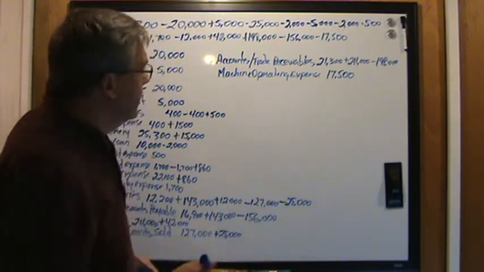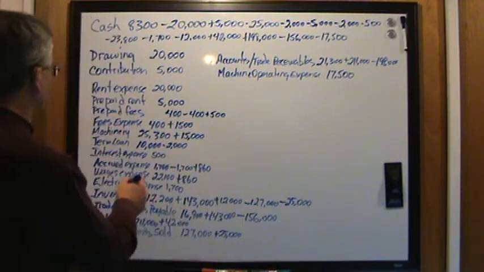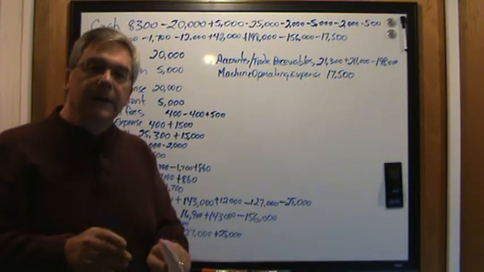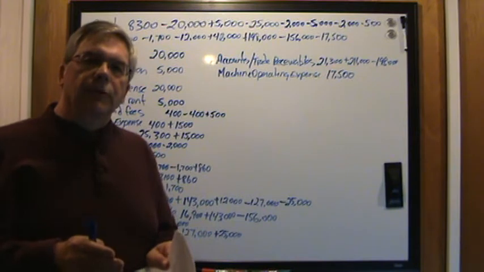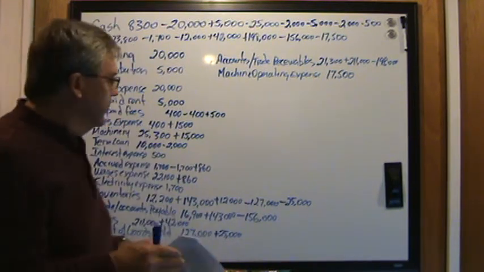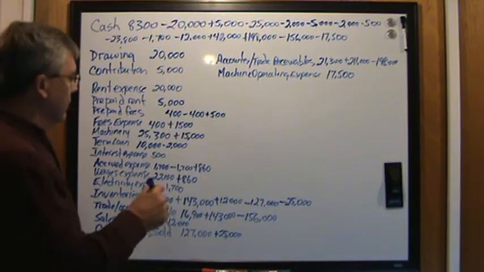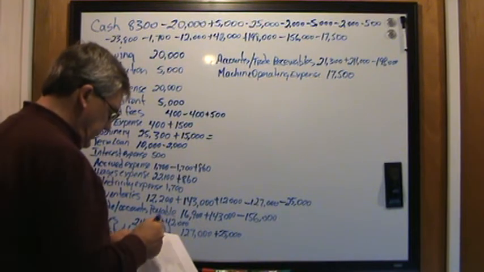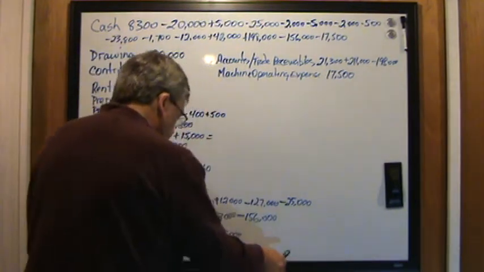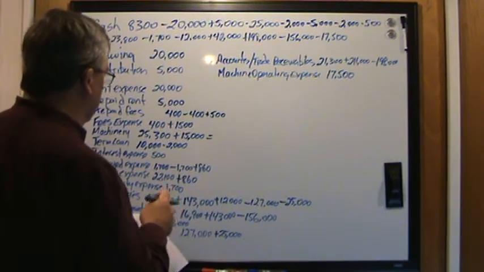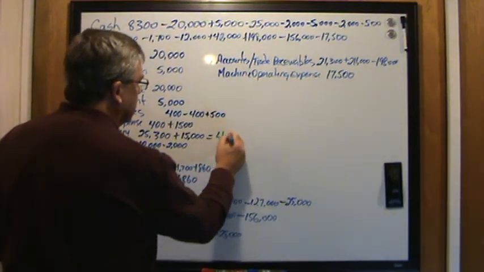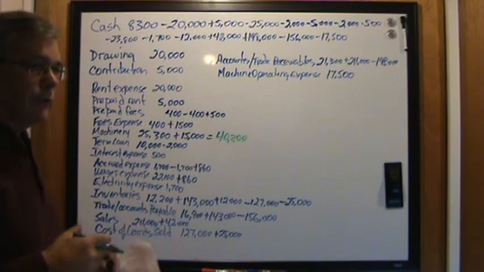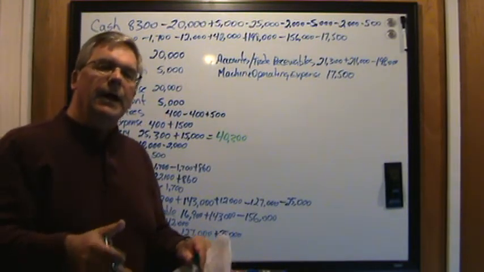Okay, so that calculation is we take our total equipment, and because this original $25,300 says net beside it, that means that the accumulated depreciation has already been subtracted from the balance. And this other $15,000 is new. So we add these together, and we get $40,300 of total machinery at the net value at the start of the year.